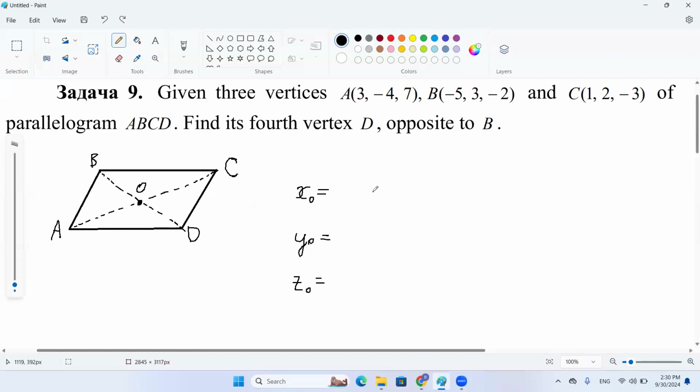It is the sum of two corresponding coordinates divided by 2. Yeah. So X A plus X C divided by 2. The same with Y, not X but Y. And the same with Z.